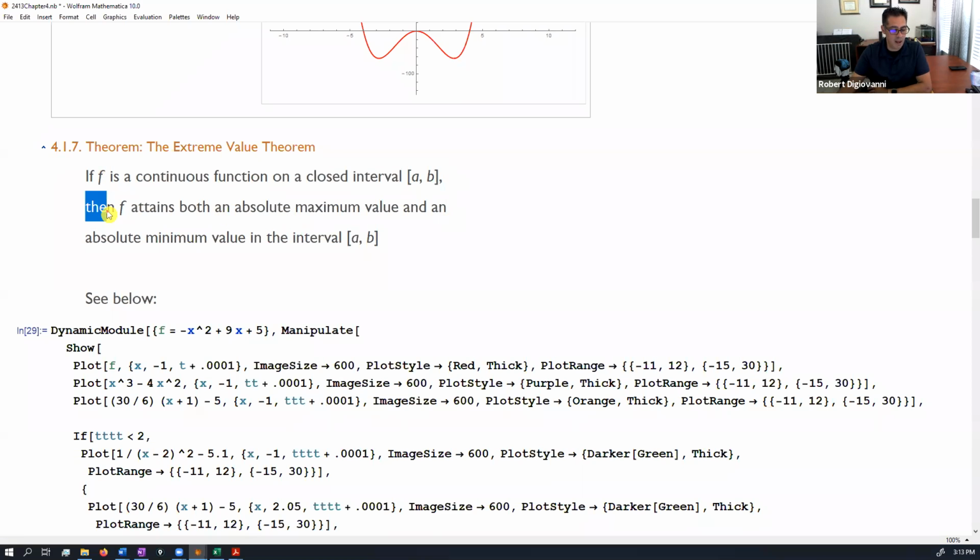Then, if that's the case, that function f must attain both an absolute max and an absolute minimum value somewhere in the interval. So start at a point, draw without picking up your pencil, stop. I guarantee you have an absolute max and an absolute minimum, guaranteed. There's no way to not have it.